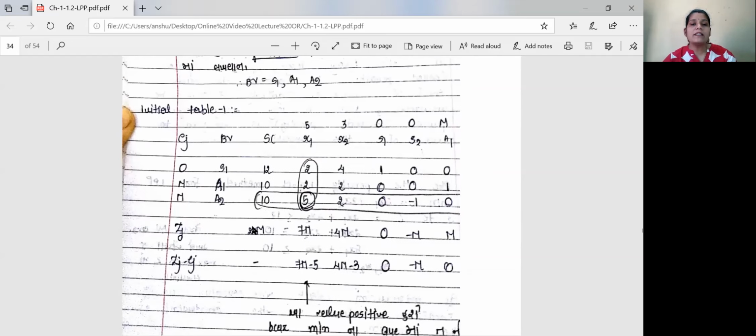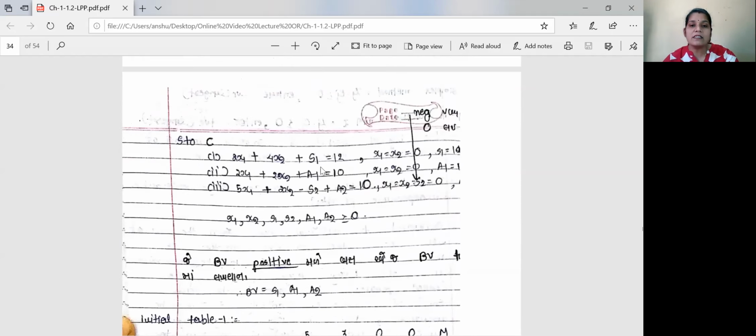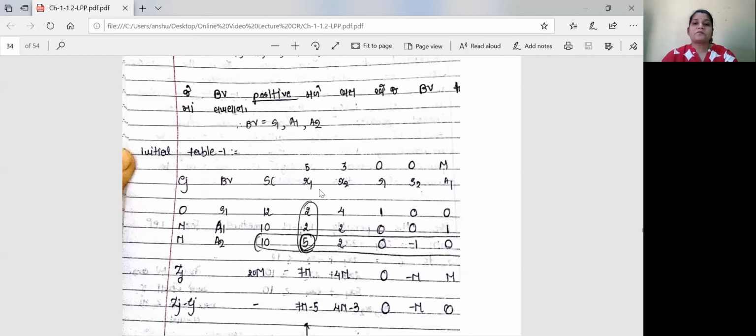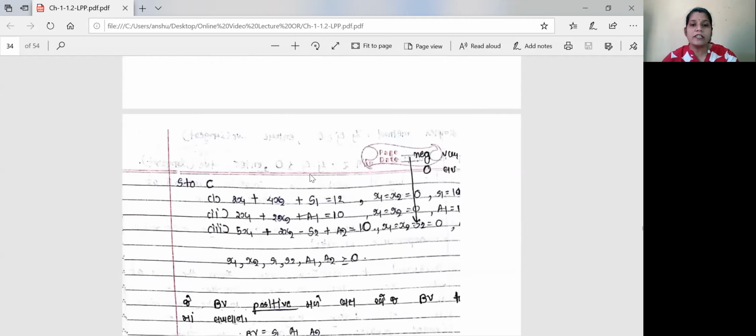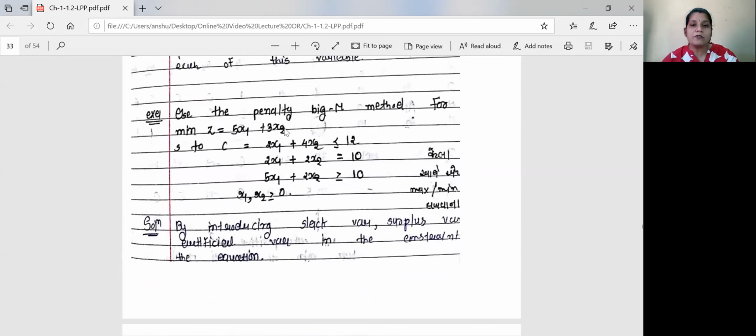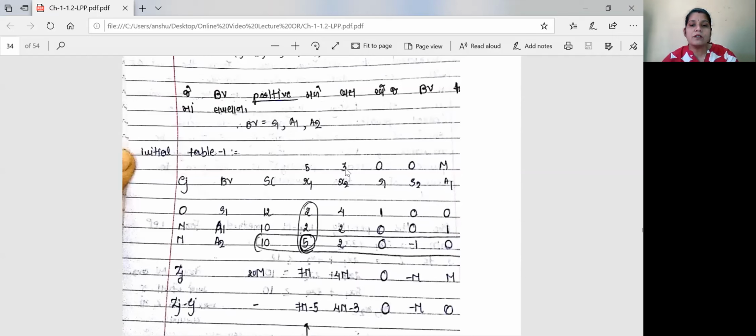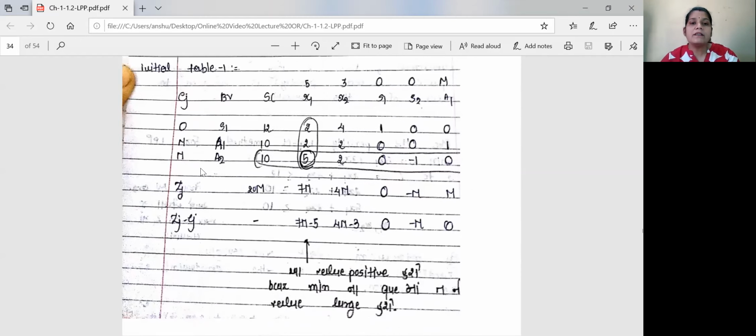In this table our basic variables are s1, a1 and a2, in this sequence. Then on the upper side, the coefficient of x1 is 5 according to our objective function, and the coefficient of x2 is 3, s1 is 0, s2 is 0, a1 is M and a2 is M. So we write s1, a1, a2.